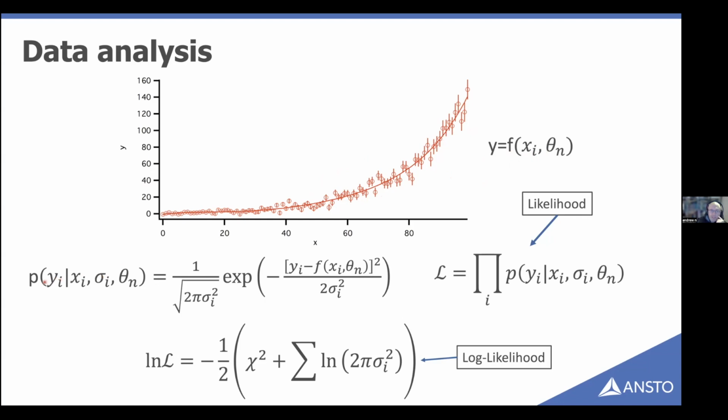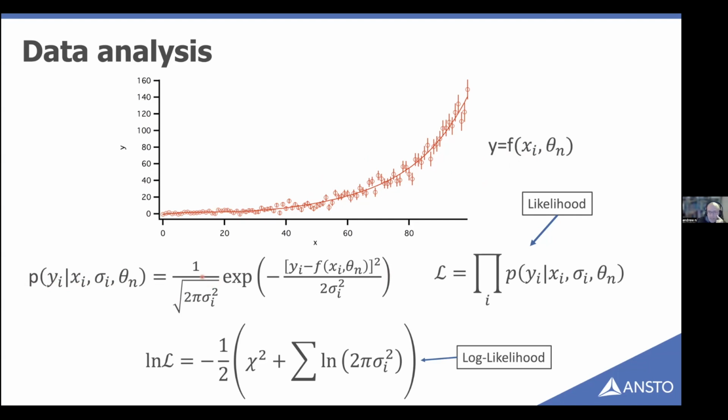The probability of observing the data, where y_i is the data, depends on the independent variable, the uncertainties, and the parameter vector. The probability of observing one data point is given by this Gaussian.